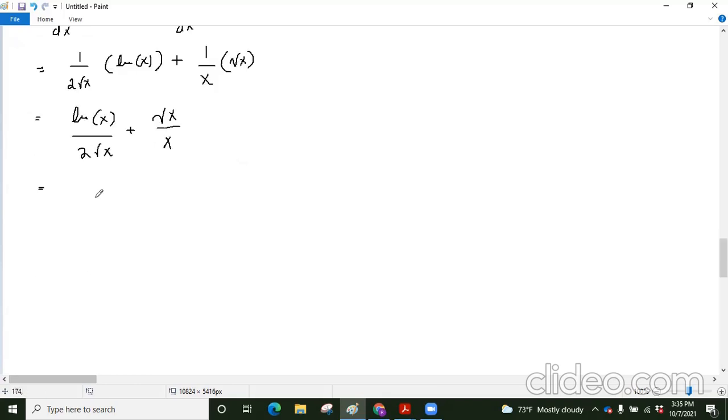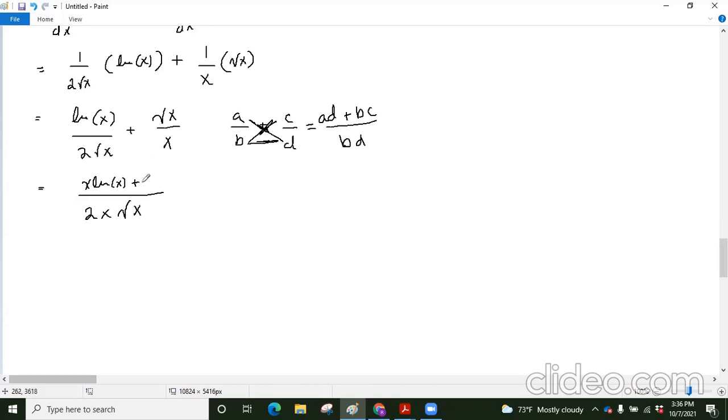We can then do some combining here. We have a over b plus c over d is equal to a times d plus b times c, over b times d. So we multiply these, multiply these, multiply these. And that is 2x square root of x, 2x square root of x. And then we have x ln of x on the top plus 2x.